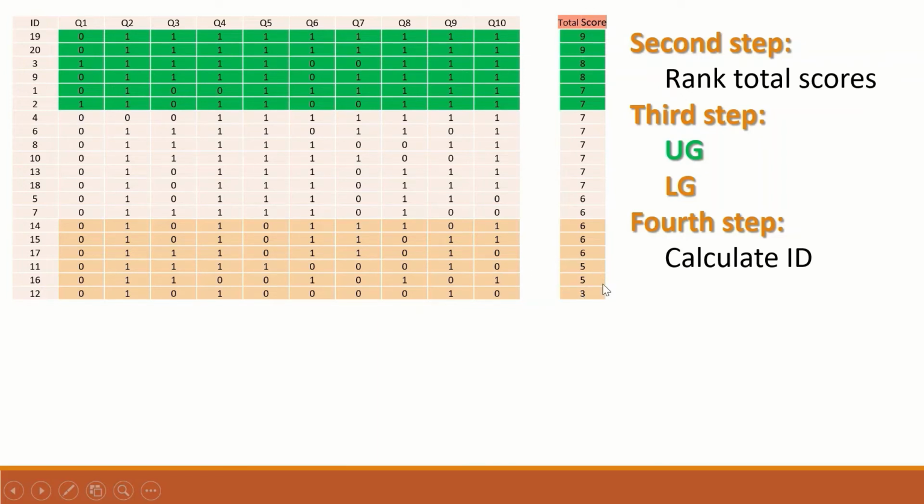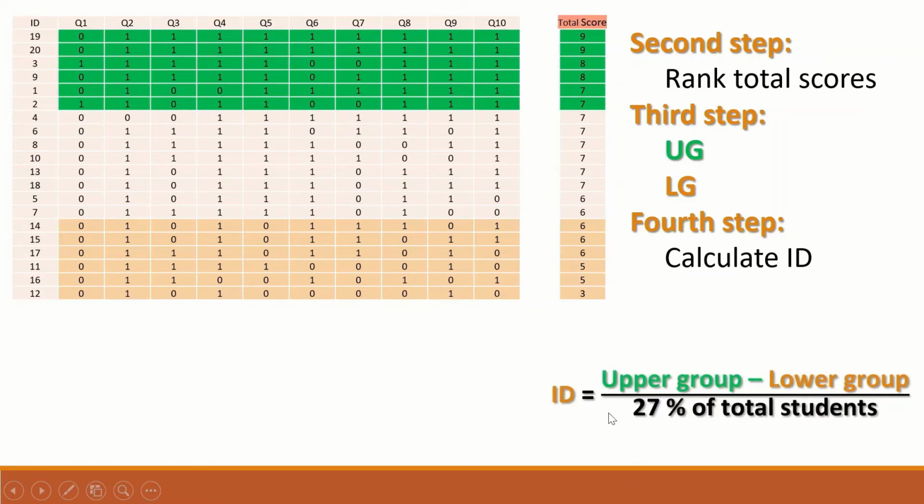In this case we have 20 students, and 27% of 20 is nearly equal to 6. So we select six students who have high scores and six students who have the lowest scores.